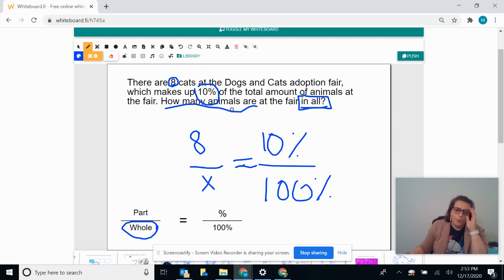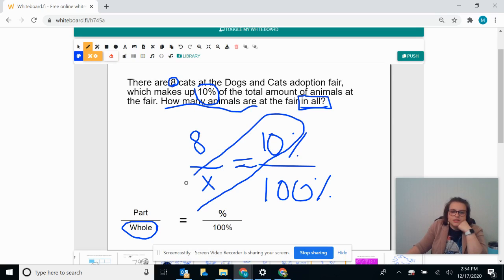All right, we cannot do a cross because 8 does not go into 10 evenly. So what we should do now is the butterfly method where we multiply across. So x times 10, x, remember, is just the number we don't know yet.